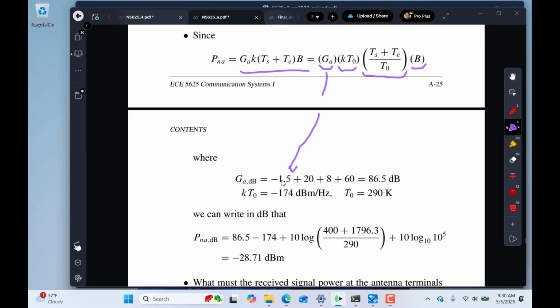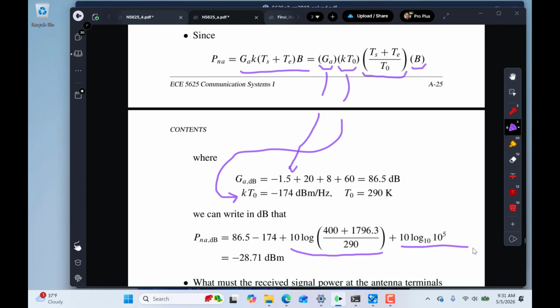GA is just all the gains throughout the cascade, and then for kT0 we go back and use minus 174 dBm per hertz, and then we add 10 log base 10 of this ratio, and then we add 10 log base 10 of the bandwidth.